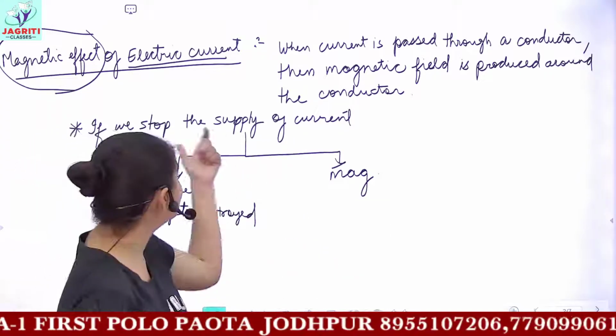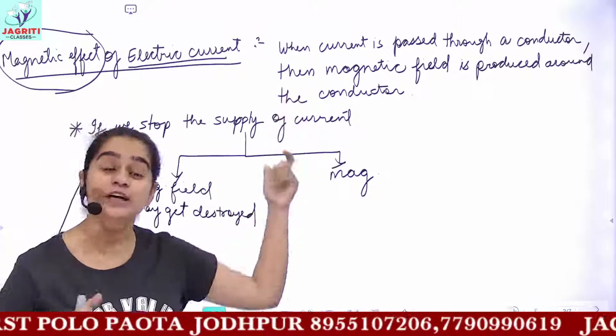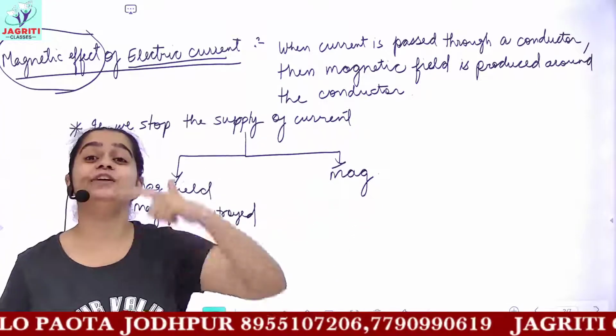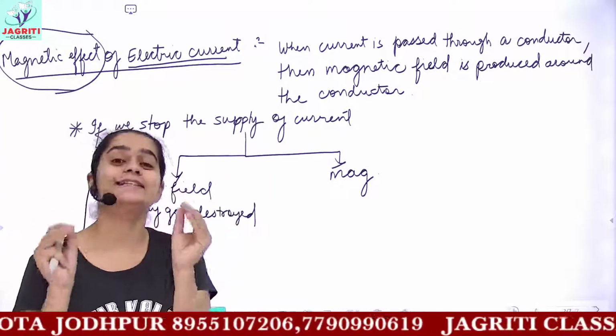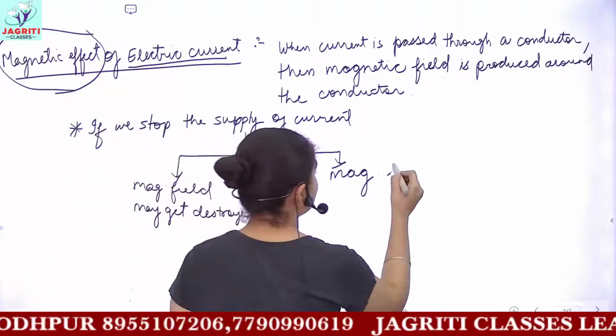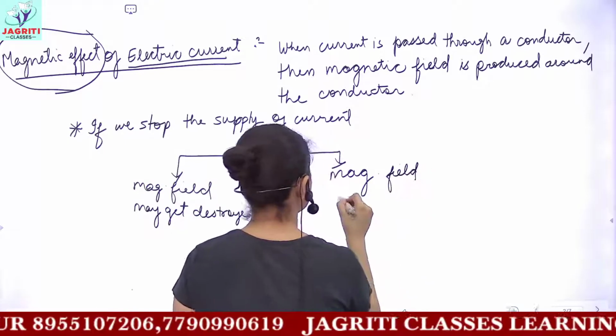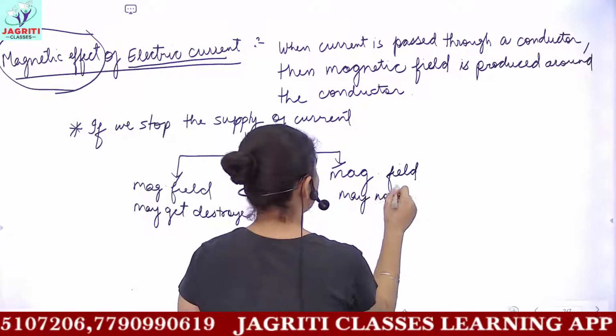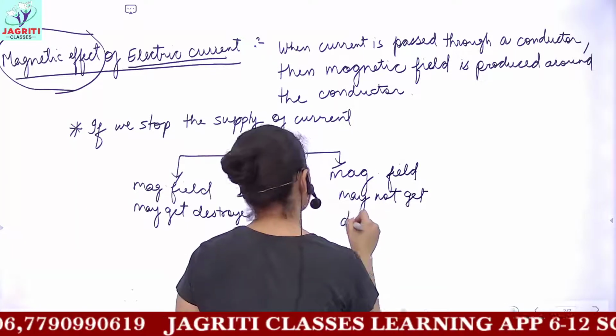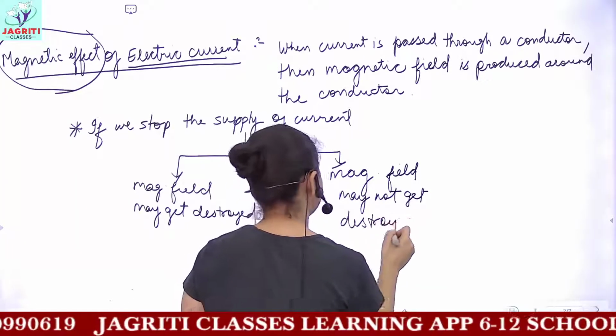It means when you cut off the supply of current, the magnetic field which was produced does not get destroyed. So the magnetic field may not get destroyed once it is formed.